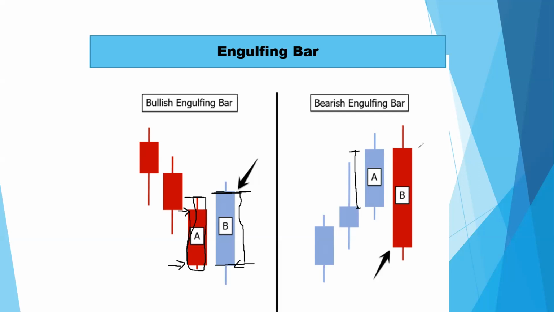They want to be in control. A lot of sellers see that it's a really great price to sell. So they come in over here and push the price all the way down, not just by a little bit, but by so much that the closing price at the end of the day overpowers or eats the bar on the previous day. This is why it's called engulfing, where bar B eats bar A, and price on the second day basically overpowers and consumes the previous bar.